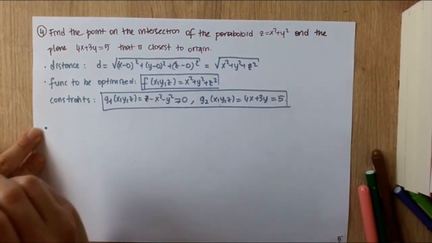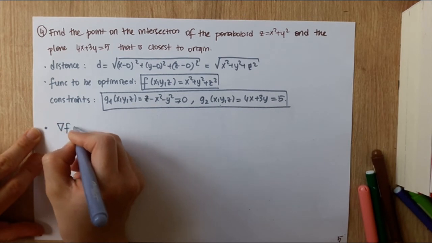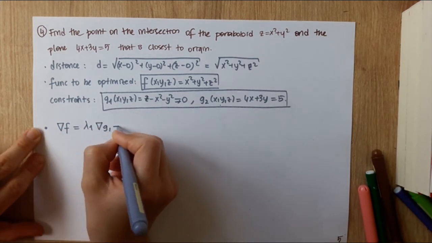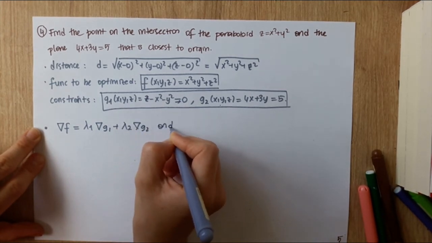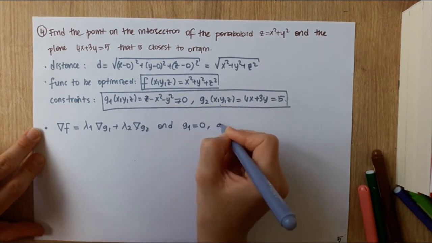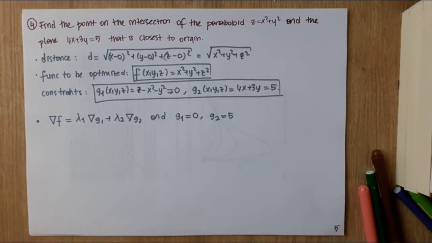And we know that if you have 2 constraint functions, you should satisfy these equations: gradient f equals lambda 1 gradient g1 plus lambda 2 gradient g2, and g1 equals 0, g2 equals 5 equations. Okay, let's find the gradients.